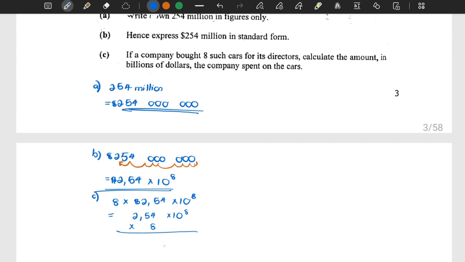So 4 times 8, that's 32, carry 3. 8 times 5, that's 40, plus 3, 43, carry 4. 8 times 2, 16, plus 4, that's 20. And then 1, 2, 0, 3, 2 times 10 to the power 8, which is going to be equal to, they said in billions.